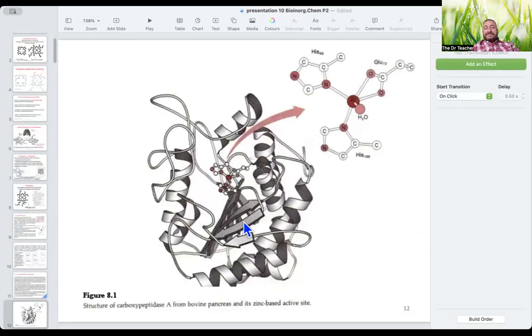You can see here the zinc. This is in the center of the molecule, the structure of carboxypeptidase A from bovine pancreas and its zinc-based active site. So this is the active site, where you can find the metal, zinc, and the surrounding groups.